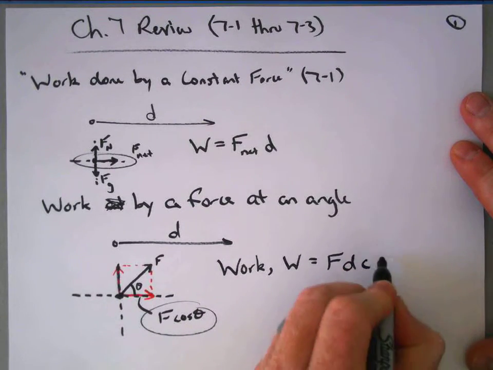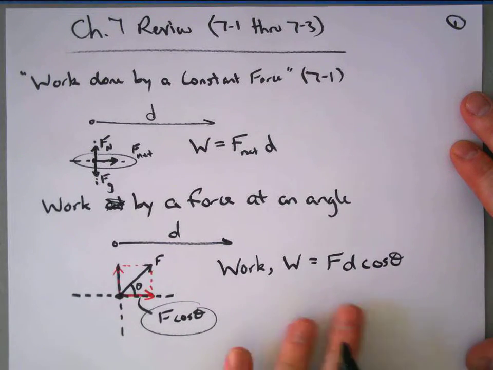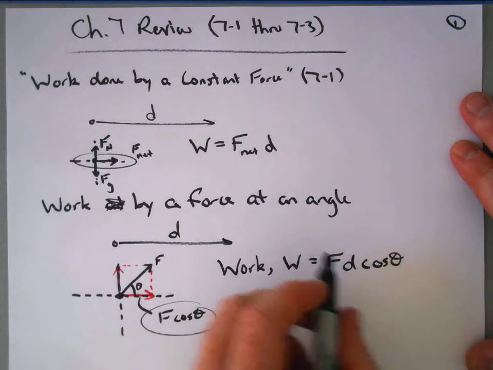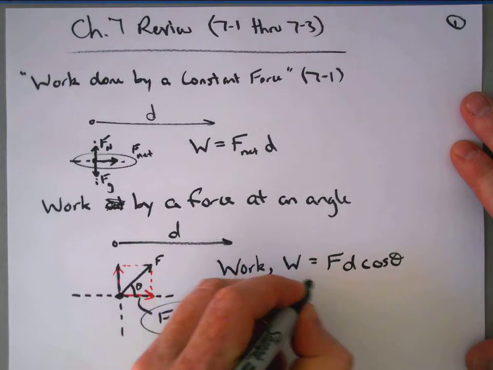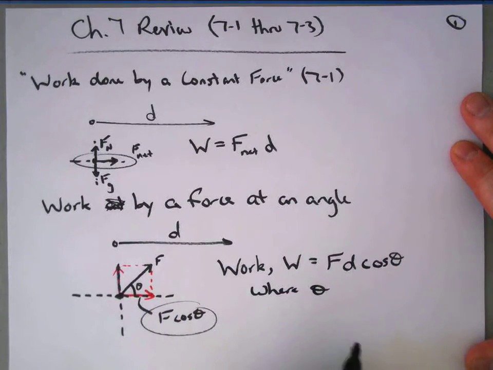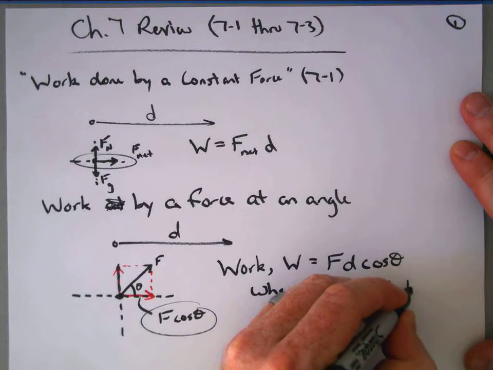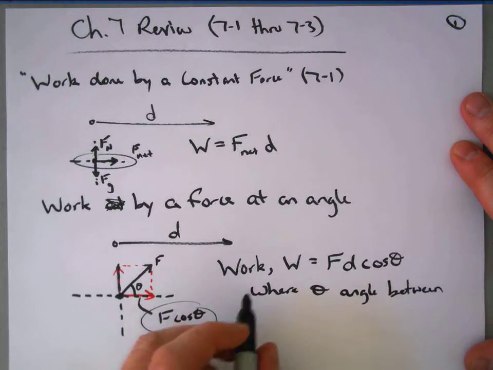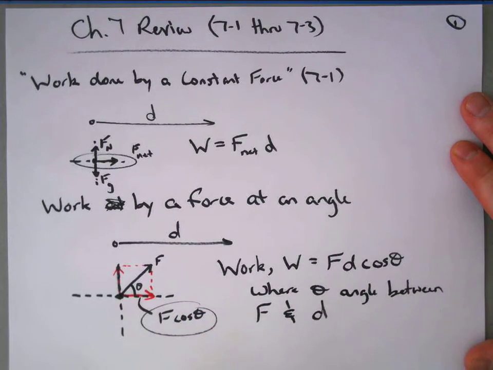Now it's usually just moved to the end of the equation for us, and that's fine, no problem with that. But it's an important distinction that we want to make, where theta is the angle between the force and that distance traveled.